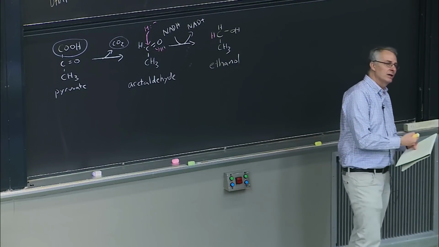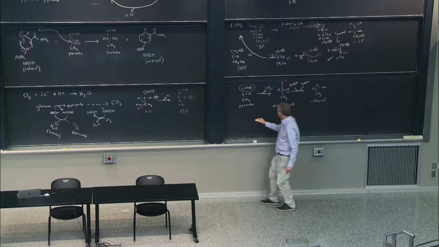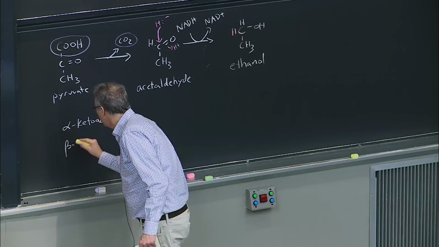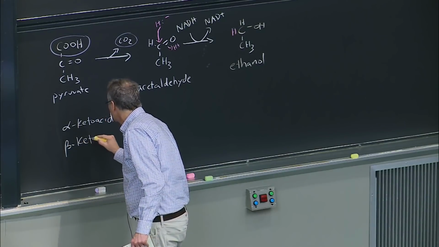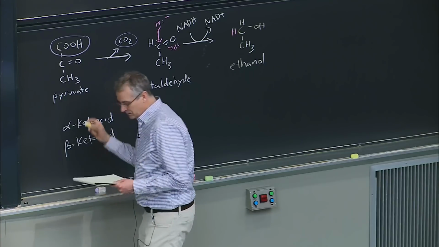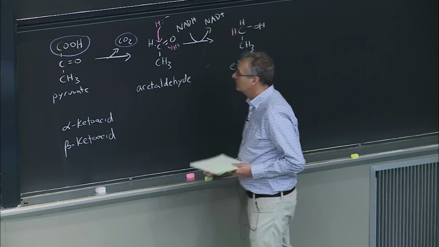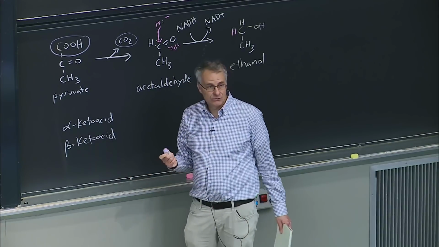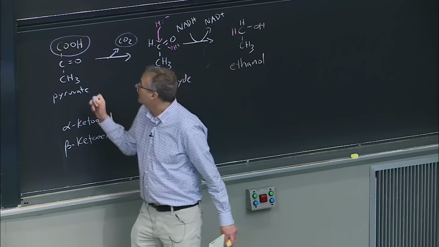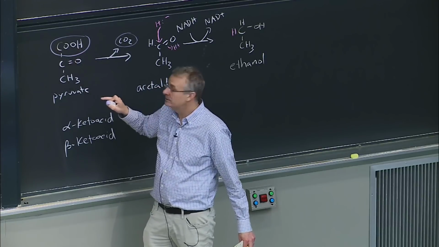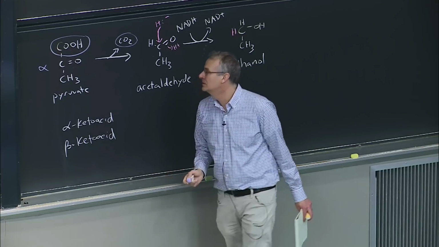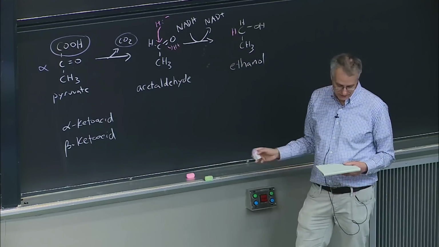The first one is that these are referred to as decarboxylation reactions that occur in the context of either an alpha keto acid or a beta keto acid. Now, what do I mean by that? Well, pyruvate is an alpha keto acid, and that's because here's an acid group. The ketone is alpha to the carboxylic acid.